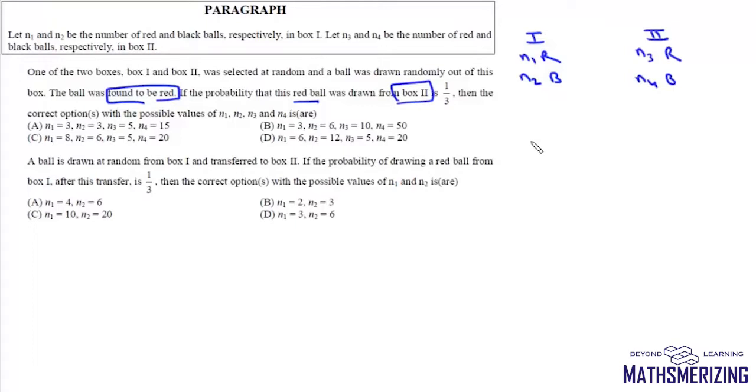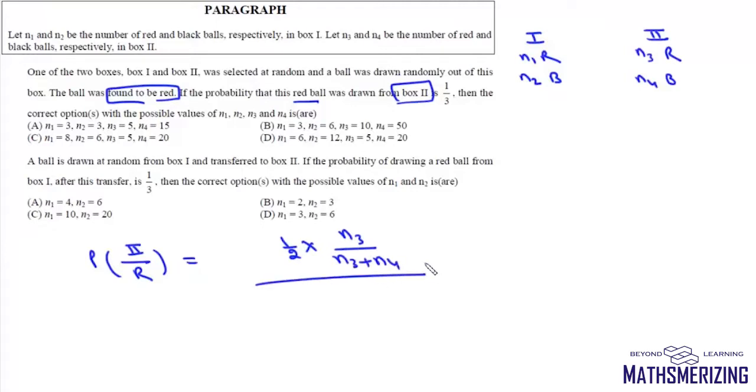Now basically it's a problem of PCM. So if the ball is found to be red, then the probability that it has come from this second box will be given by, now probability of choosing this second box is 1 by 2, and then probability of choosing a red ball from this second box is N3 upon N3 plus N4, divided by total number of ways.